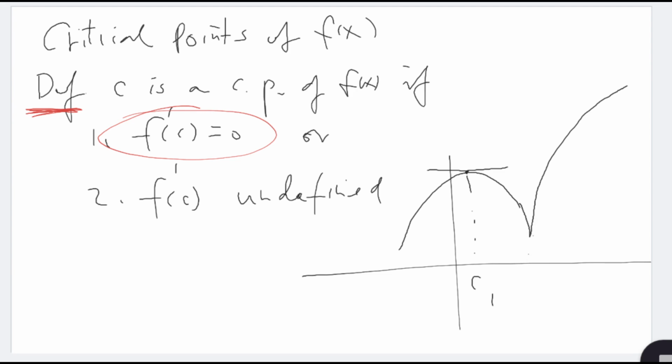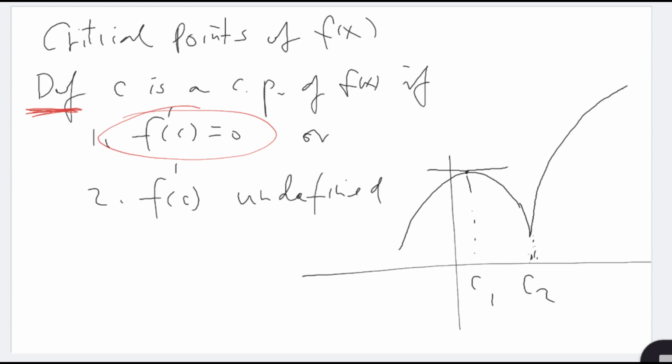If you find the derivative, it's undefined at a sharp corner. So that's a critical point too. And this would also be an interesting location, because you can see from the graph, it could potentially be the smallest function value, because any other values close by are greater than the function value here. So that's why it's also critical.